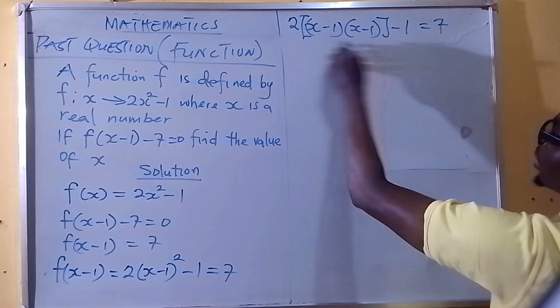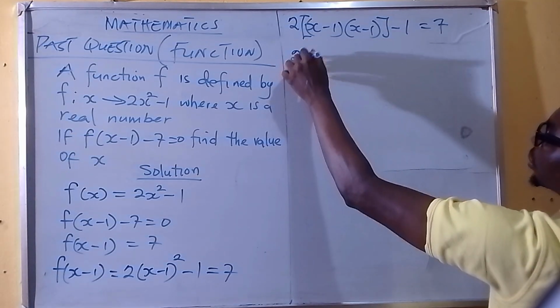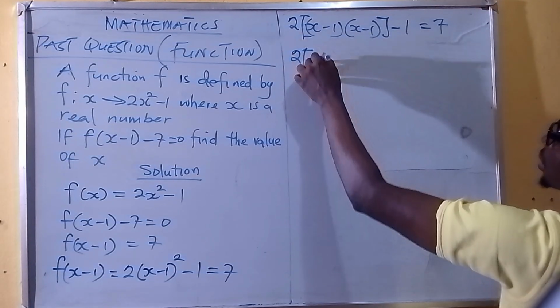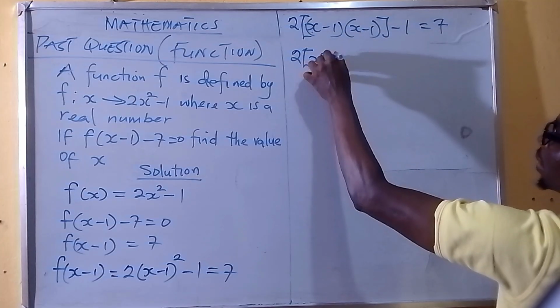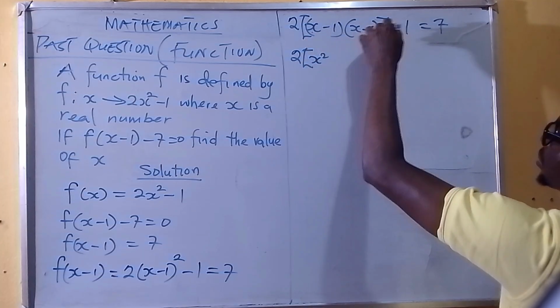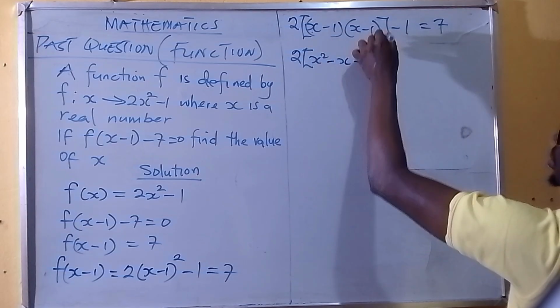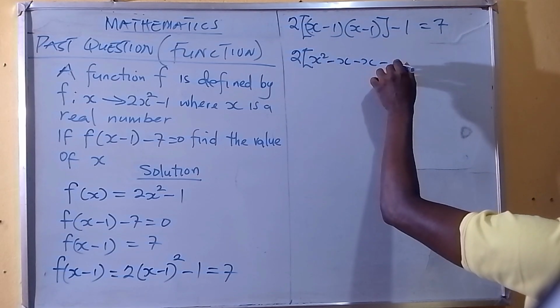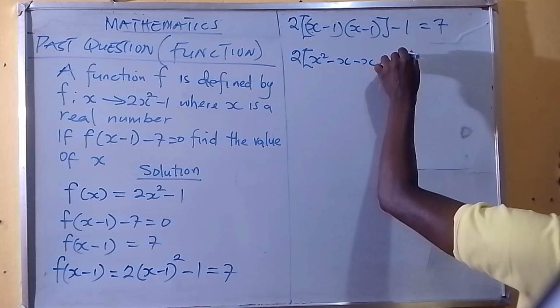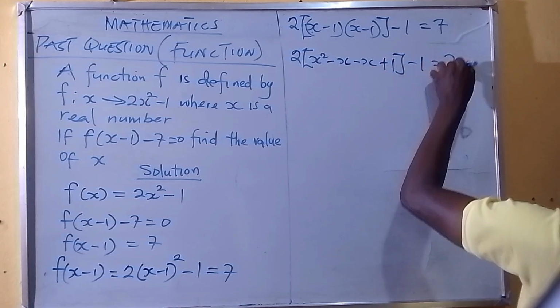So at this point, we open up the bracket. So we have 2 into x times x is x squared, x times minus 1 is minus x, minus x, and we have plus 1. Minus 1 is equal to 7.